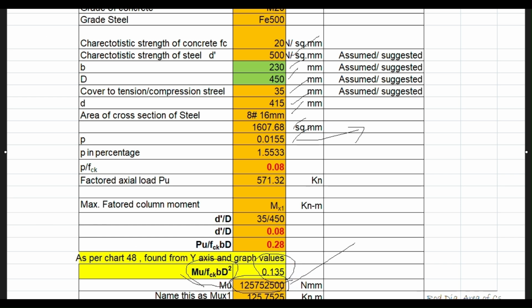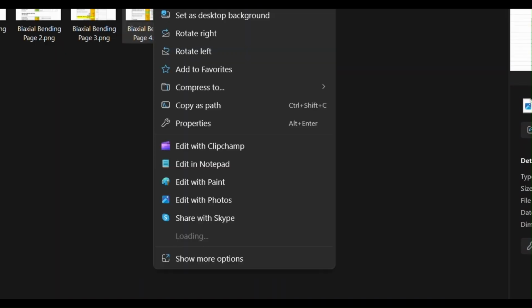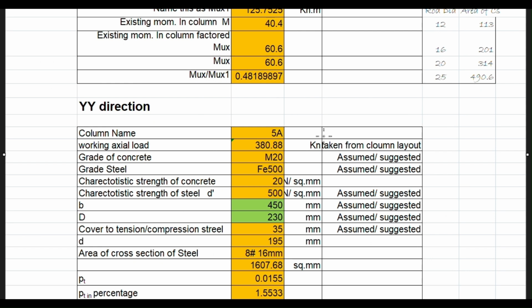On this, we find this value as this much. This is in Newton mm. This is converted into kilonewton mm. That kilonewton mm we have arrived at here.